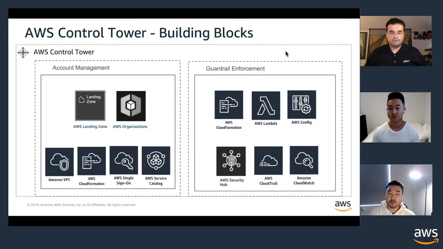And there is an optional way to incorporate SSO, or single sign-on, for users and accounts. And on the guardrail side are your usual AWS security service suspects. You've got CloudTrail, CloudWatch, all within Security Hub. Of course, Config for the compliance Config rules. And then Lambda is utilized there for things like notifications and so forth.